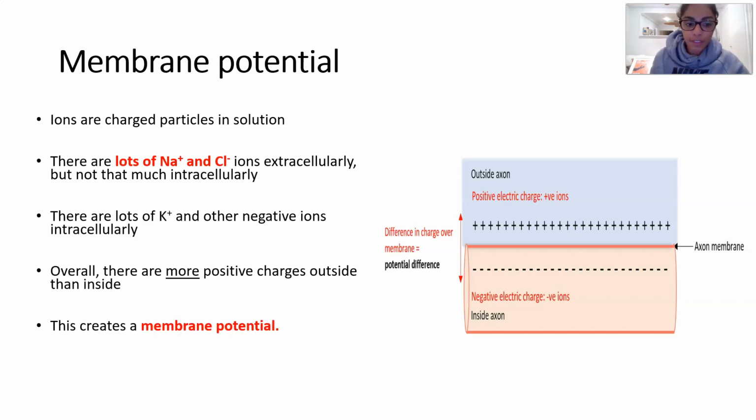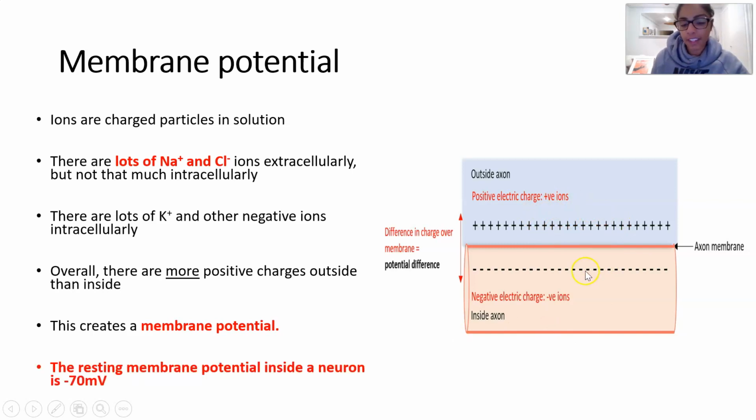The reason why we have this potential difference is because there are more positive charges outside than there are inside, and therefore the resting membrane potential inside the membrane has been measured to be at negative 70 millivolts. Now that is a number that you need to remember. So this part in red here, talking about the resting membrane potential inside a neuron being negative 70 millivolts, that's something that we'll come back to.